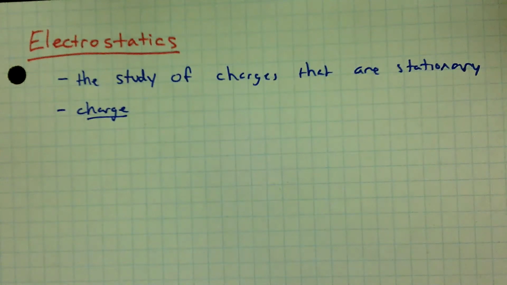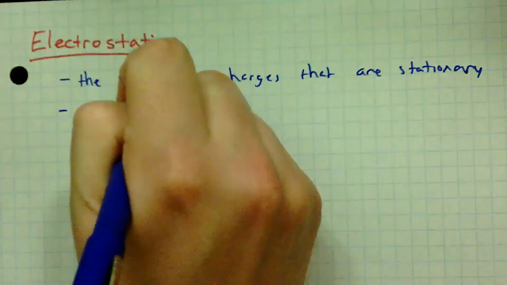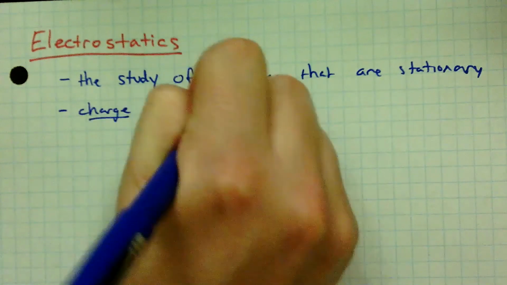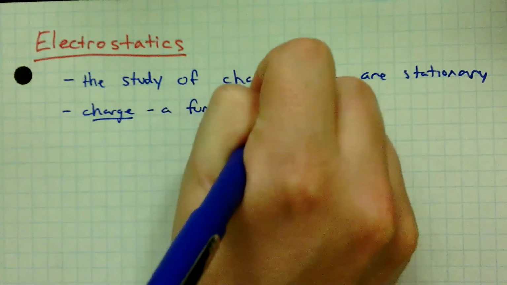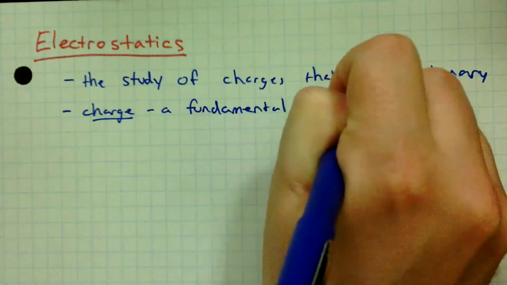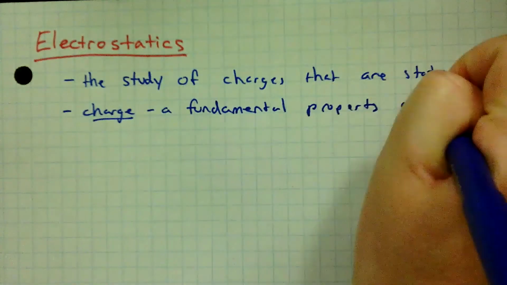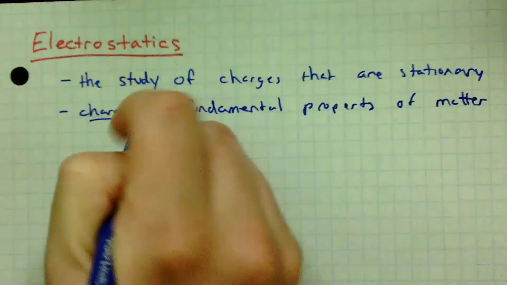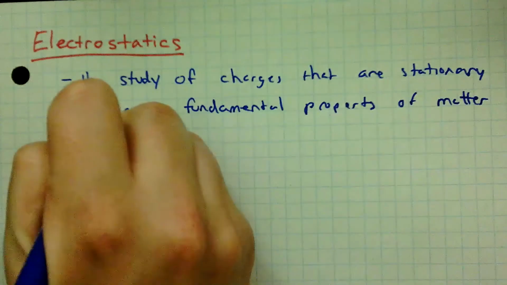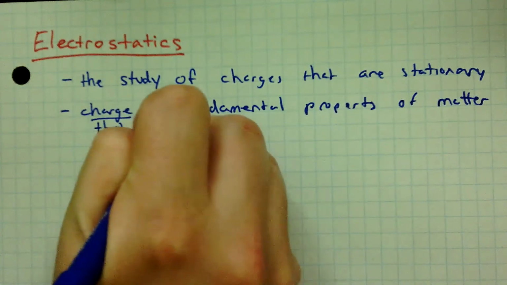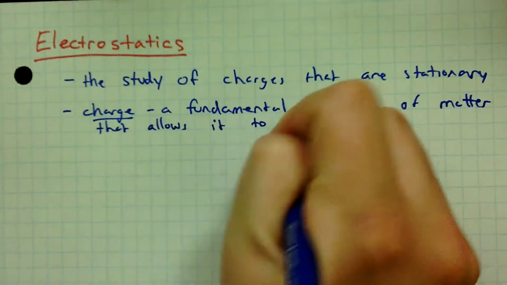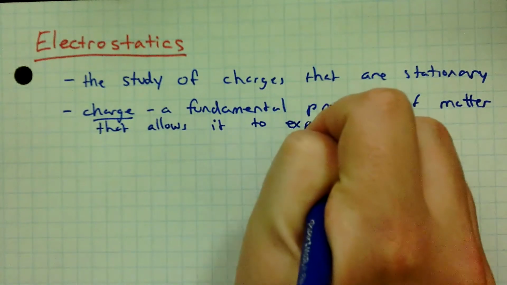So the way I'm going to define it is that it's a fundamental property. When I say fundamental, it means you can't break it down into anything simpler. It's a fundamental property of matter that allows it to experience an electric force.